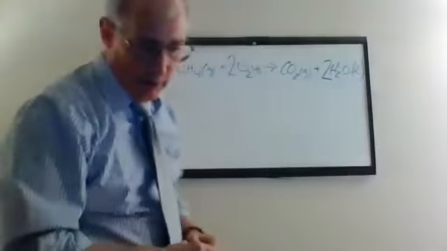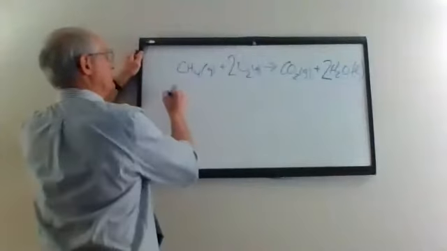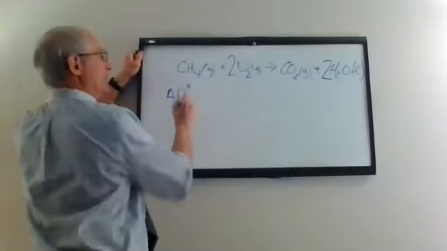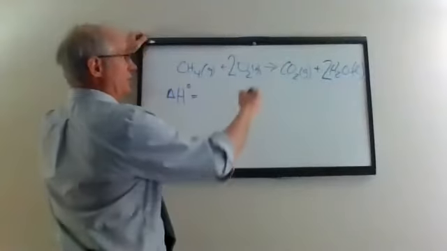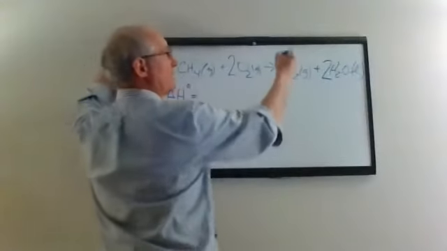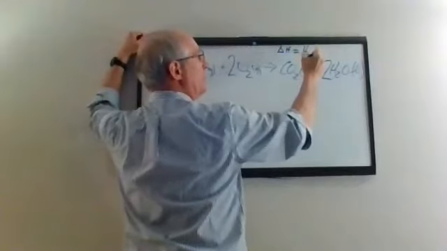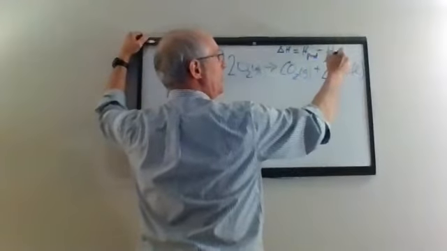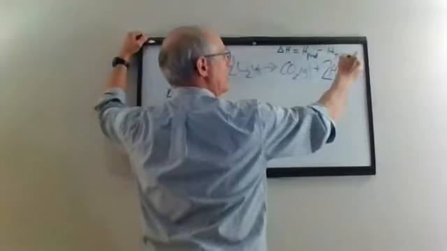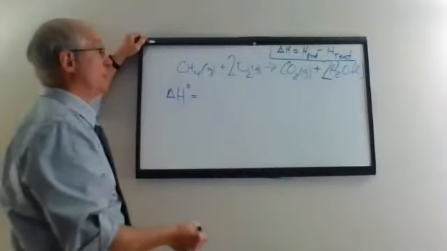And if you want the delta H, that's what it wants, enthalpy of reaction at standard conditions, it's always going to be products minus reactants. So delta H, we learned, was the enthalpy of the products minus the enthalpy of the reactants. You learned that at the beginning of the chapter, of this section, I mean.